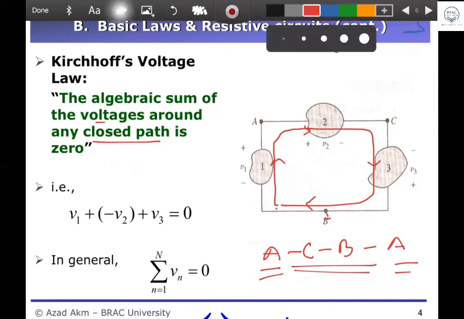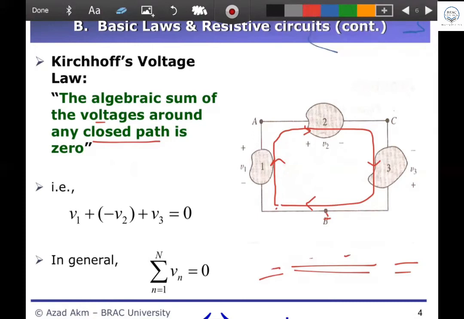Now, how are we going to go with that? You can write V1, V2, V3, but the question is, like last time, current in is positive, out is negative. But in this case, which voltage is positive and which is negative?